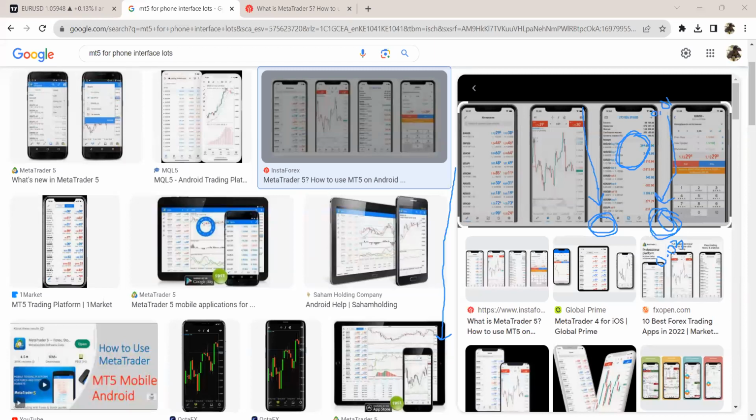Let's say we had the trade for Australian dollar, United States dollar. I'll click on this, and it will look something like this. You're seeing this other screen here.